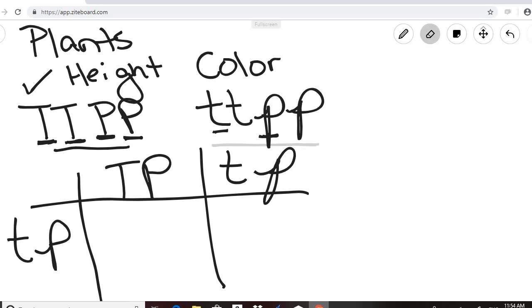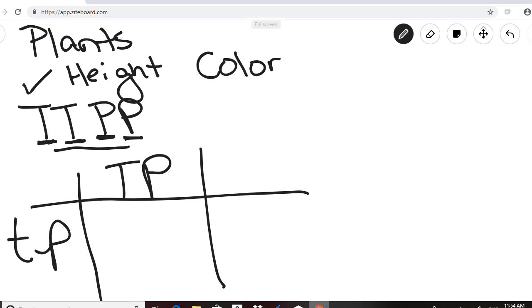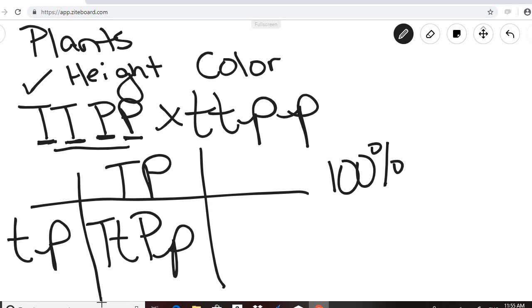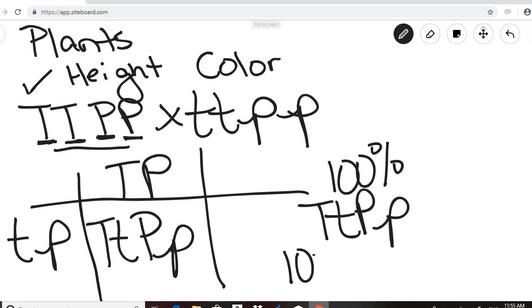So the only possibility for offspring for this kind of mating is a capital T and a lowercase t, and an uppercase P and a lowercase p. So if we cross these two types, a tall purple and a short white, 100% of the offspring will have this genotype, and 100% of the offspring would be tall purple plants.